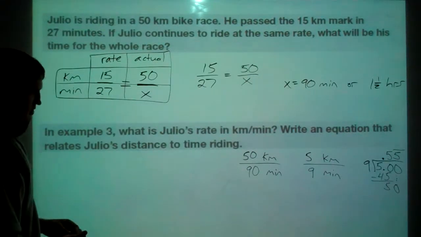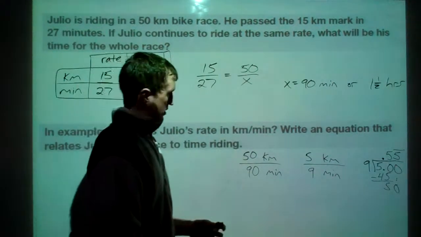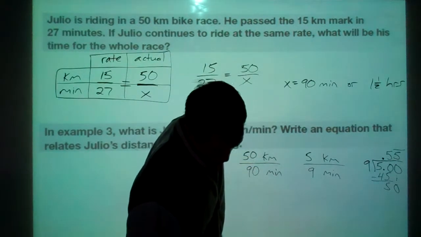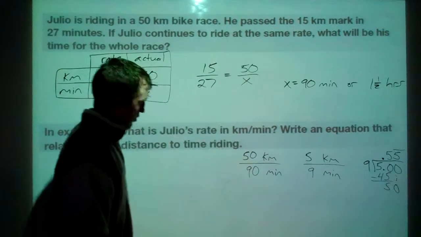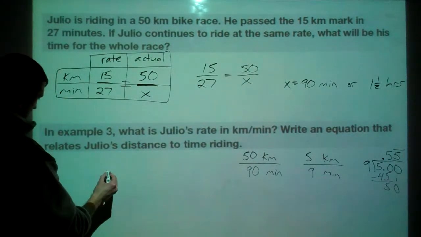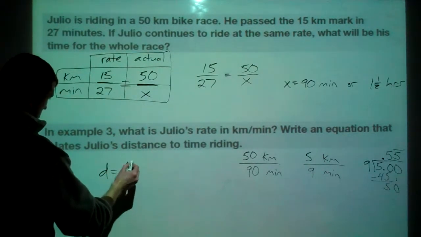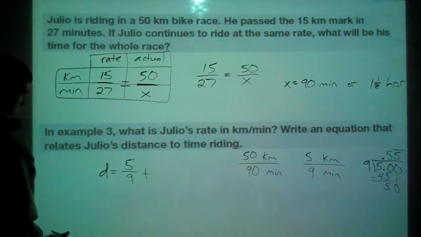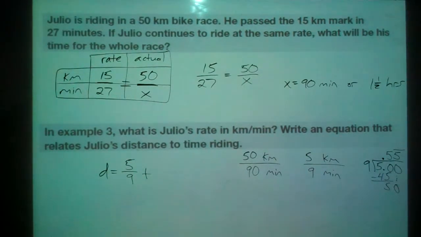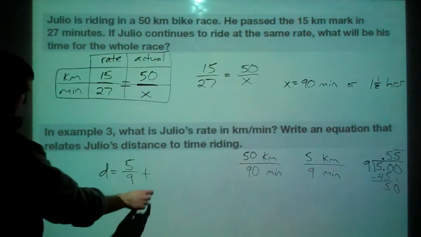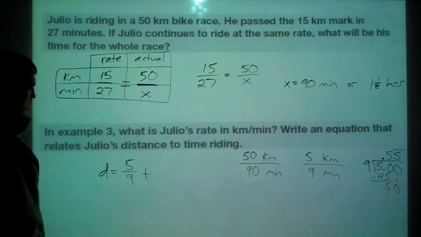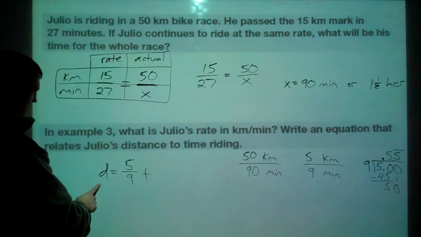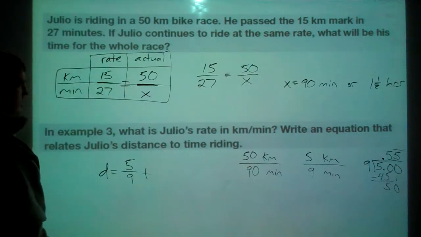So distance to time, well, we've got 5 over 9. So we can do distance equals 5/9 times time. Alright. So depending on what time he is riding, we can put that in here and it should give us a distance. So that should work out.